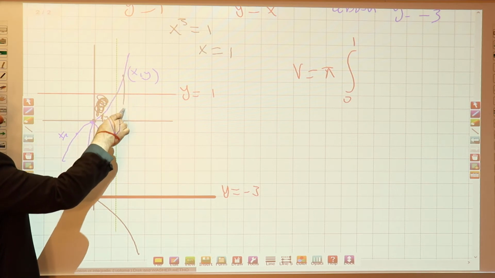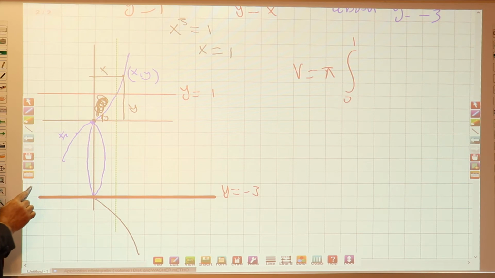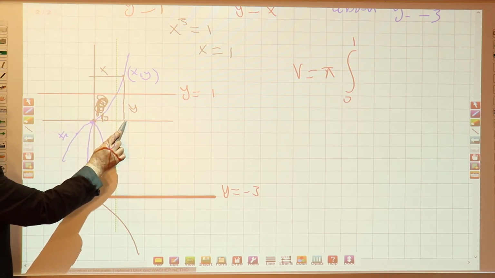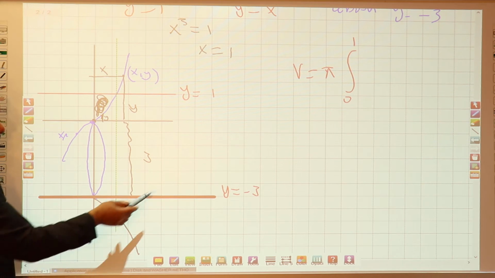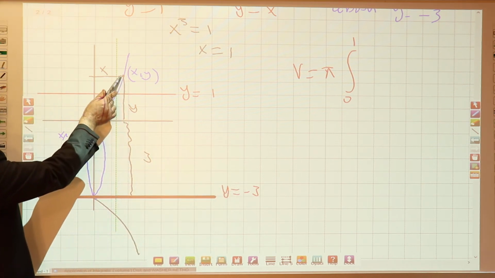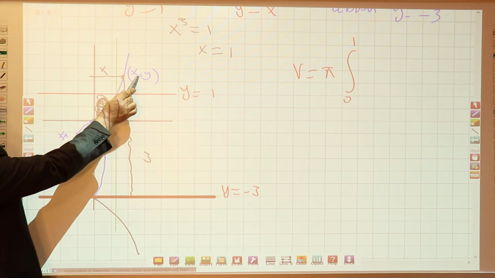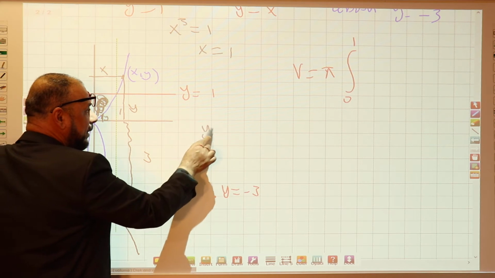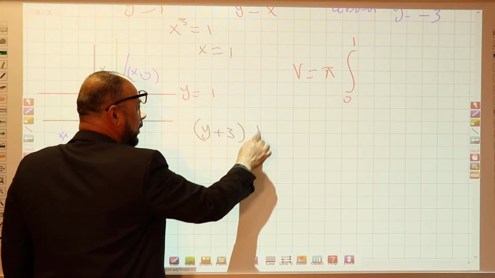Y is going from here to here, and x from here to here for the function, right? Good. Then from here to here is y, but I also have a distance from the y to where? To the line. How much is this distance? 3. Forget the negative 3. But the distance from this point to this point is the value of the function, which is y plus this. Then y plus 3 is my big radius, R.